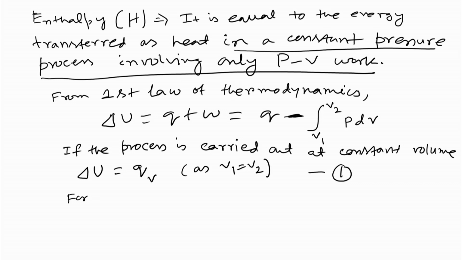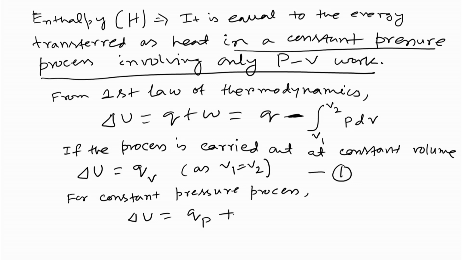Now let us see what happens if the process is a constant pressure process. For a constant pressure process, delta U is Qp minus P times the integral of dV from V1 to V2.